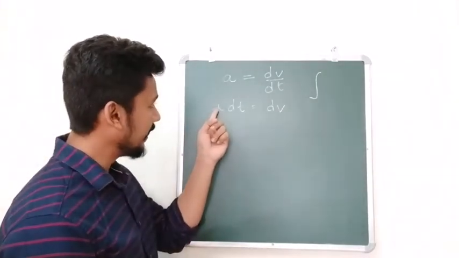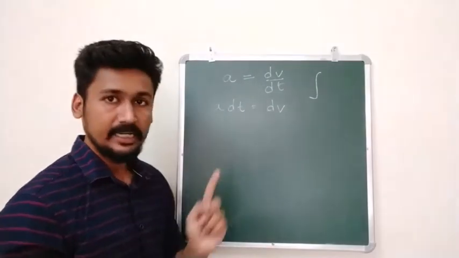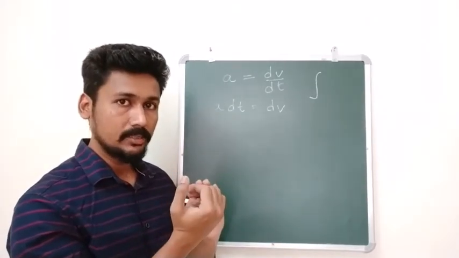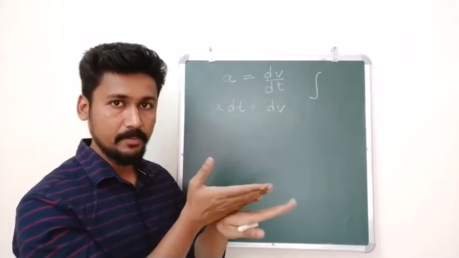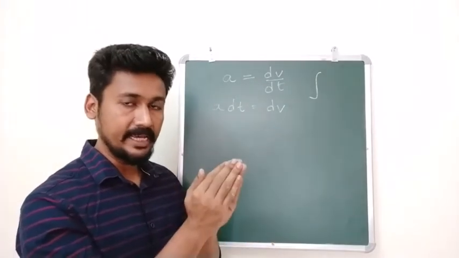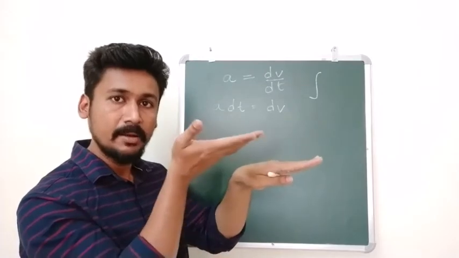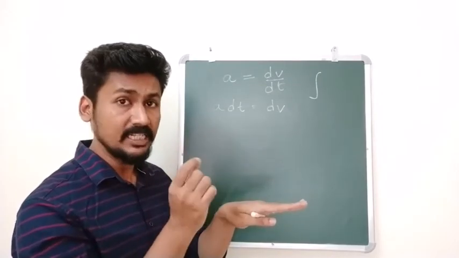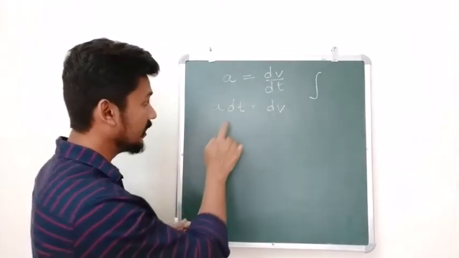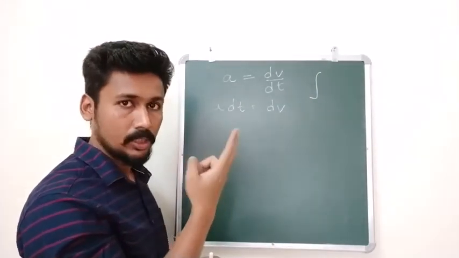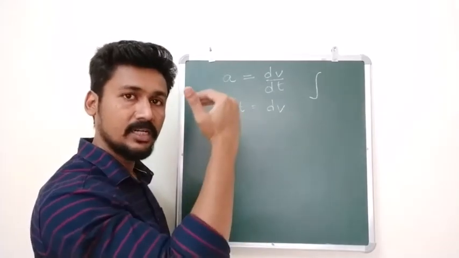So we are integrating a dt and we are integrating dv. So whenever we are combining, we need to know what is the lower limit and what is the higher limit. Correct? When we are combining, we should know which is the smallest part and which is the biggest part. That is why you will see in integration we are going to put something called the limits. What are limits? We'll have the lower limit and then we will have the higher limit.